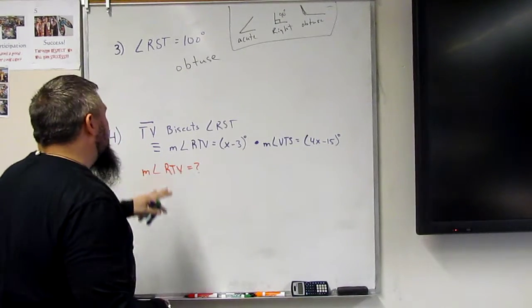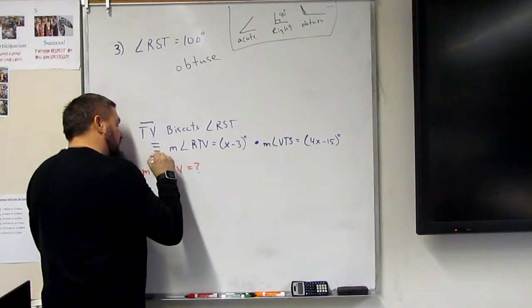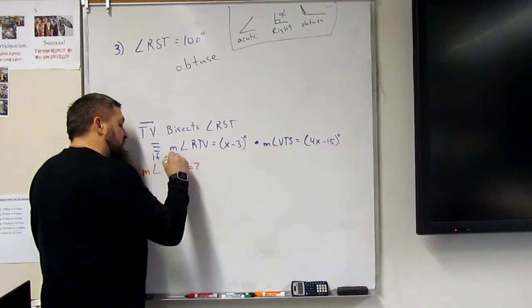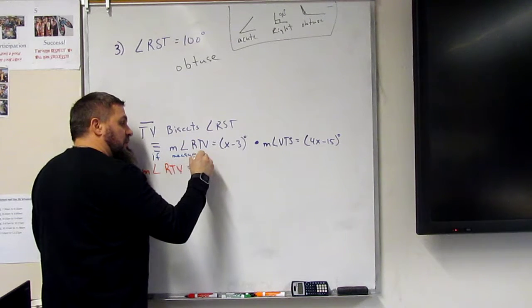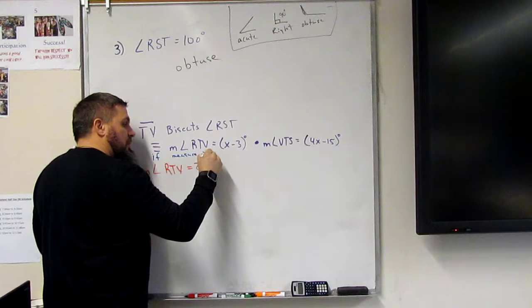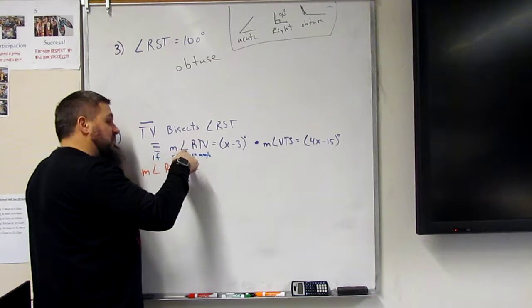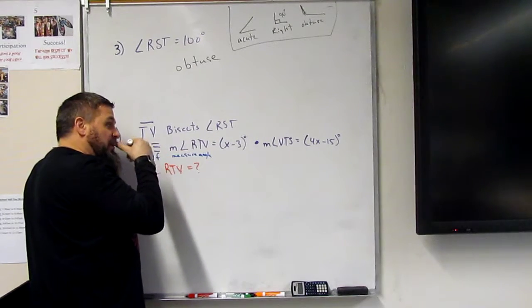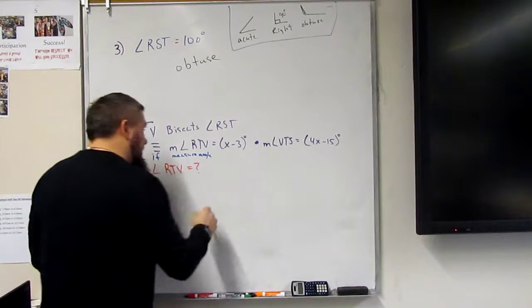Alright, so what this says is, if the measure of the angle, that means angle, okay? So we have the measure, the angle, and if RTV, so that means I got some kind of angle out there.